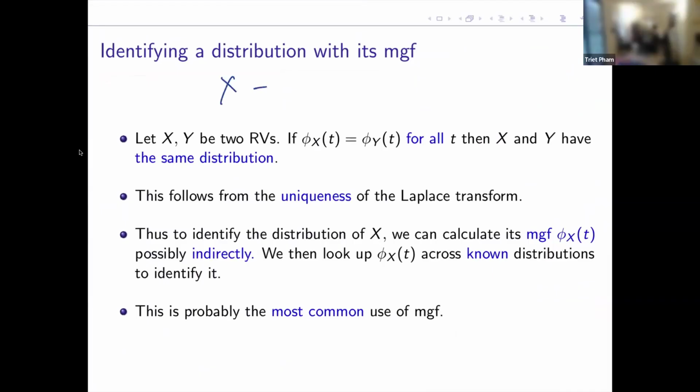You don't tell me what it is, but you tell me that its moment generating function is e to the power of 2t plus, let's say, 3t squared. Then I immediately would be able to tell what random variable you are talking about. So what is the random variable that is being talked about here?